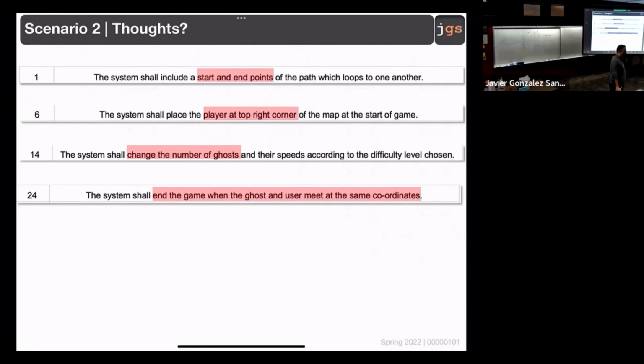Change the number of ghosts. We do not change the number of ghosts. Maybe that one refers to the fact that the ghosts die and we need to do something with the ghost dying or collision or something like that. But this is not exactly the thing that you explained for the Pacman, right? Changing the number of the ghosts, no. It's not negotiable.